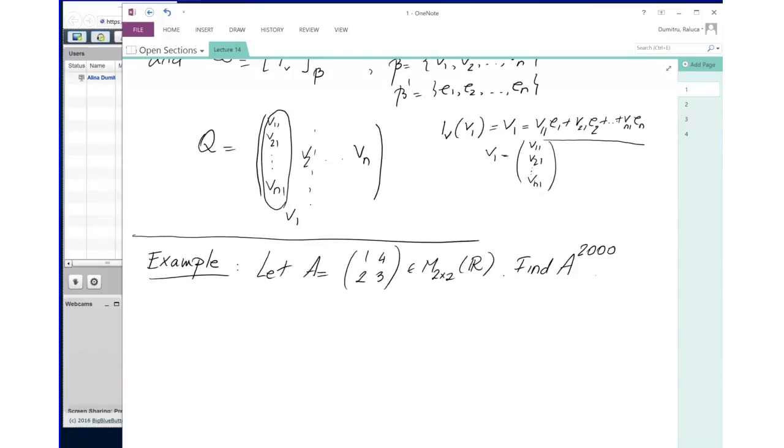Of course, you can raise that matrix to the power 2000, but not with a calculator, and not by hand. So here's how you can do this by hand. It turns out that this matrix is not really arbitrary. It's going to be diagonalizable. So you compute its characteristic polynomial.